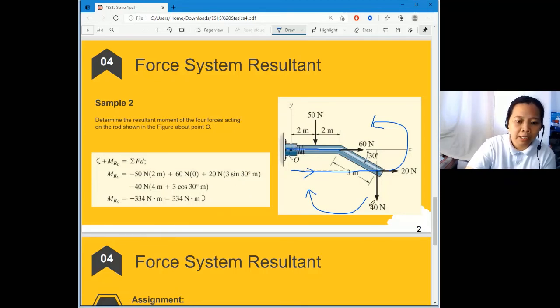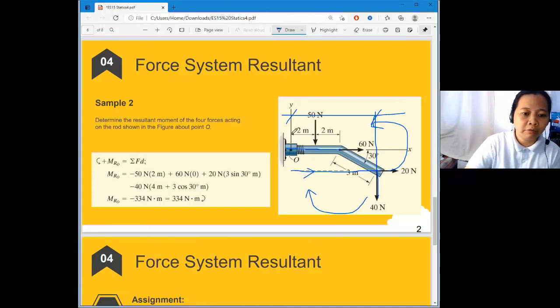So the distance here, if you translate the force, how much is it? You have 4 and then the adjacent of 3, so 3 cosine 30 degrees. So that is 4 plus 3 cosine 30 degrees, and it is negative.